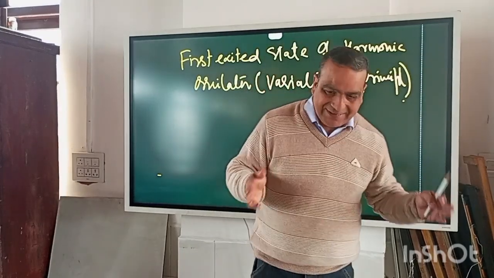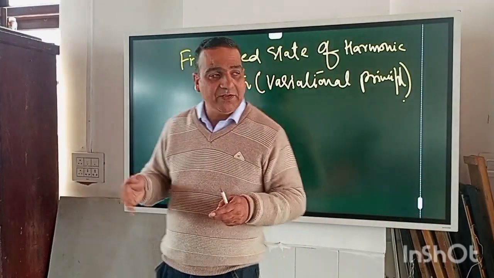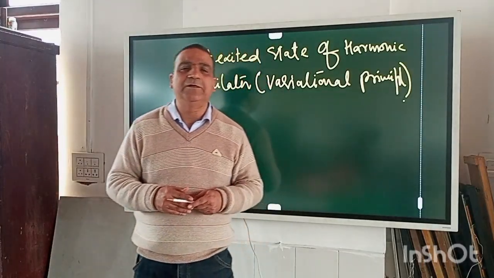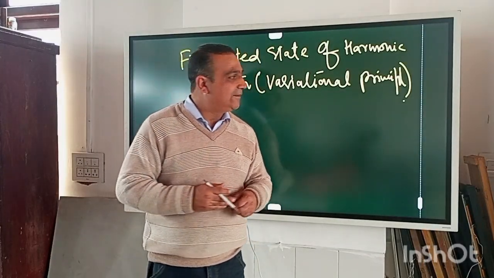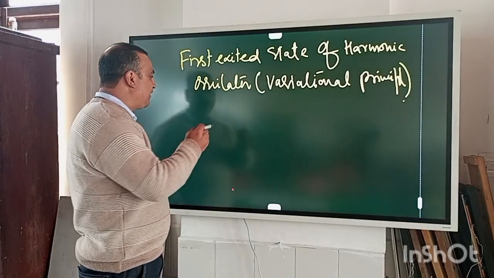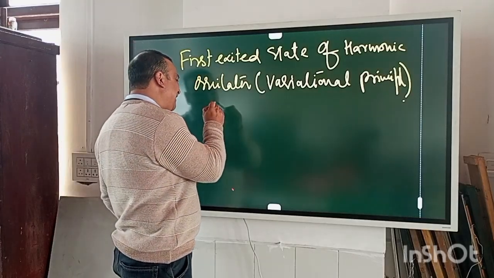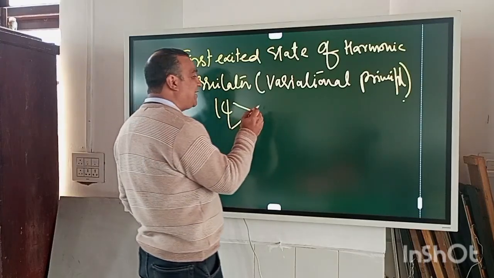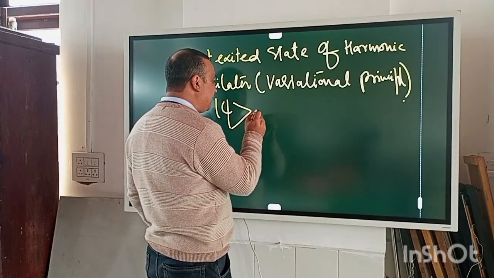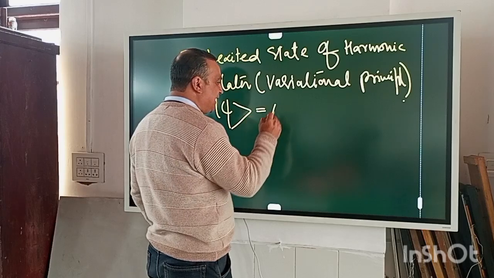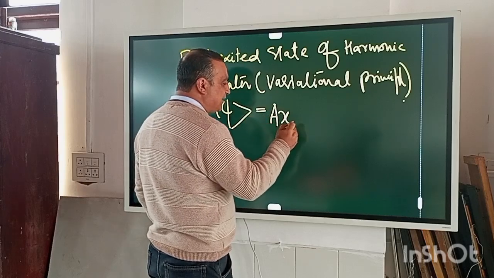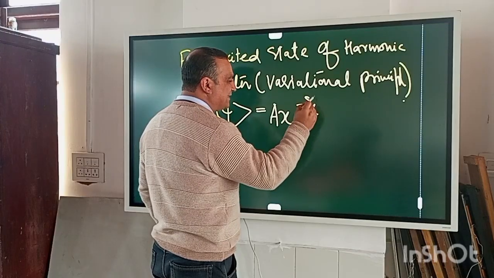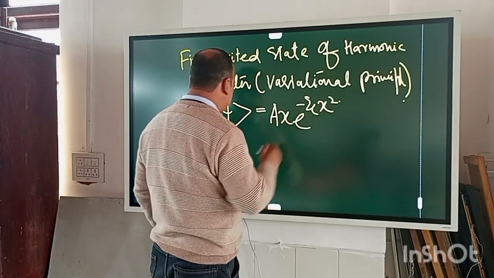So here, for the first excited state, I'm choosing the trial wave function, let us say, as A x e to the power of minus zeta x square.